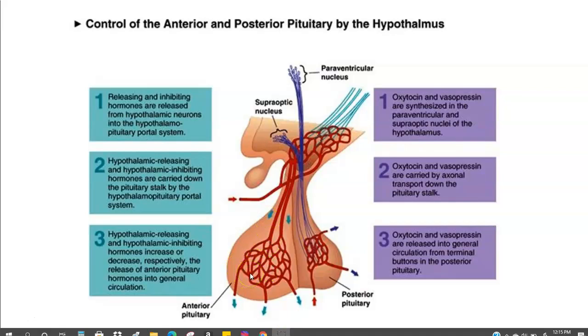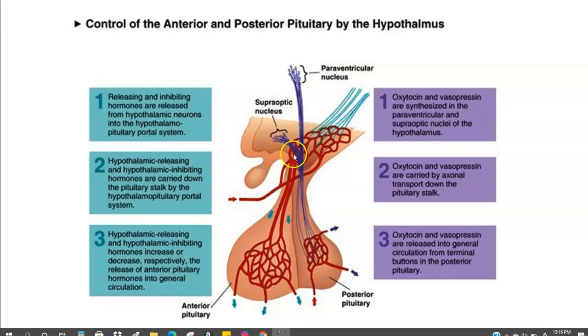And so through this portal system, you have these releasing and inhibiting hormones, those regulatory hormones that are produced in the hypothalamus. So for example, you have somatostatin, which is also another name for growth hormone inhibiting hormone. So it inhibits the release of growth hormone from the anterior pituitary.